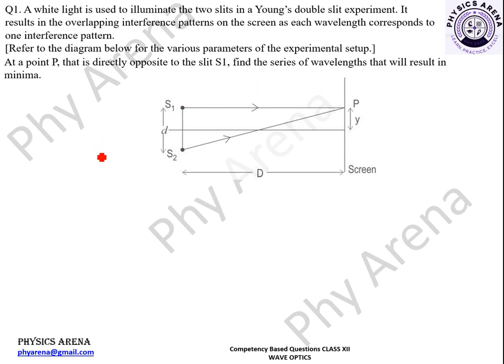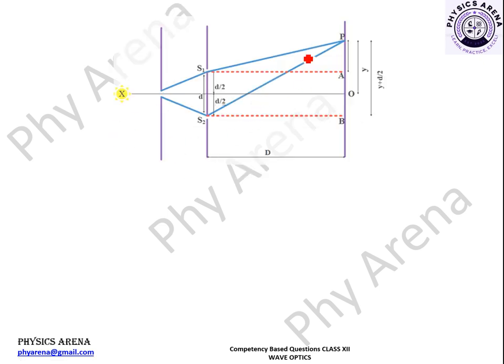And before solving it, let me just give you a brief introduction that how we can obtain the conditions for the point on the screen, whether it is a maxima or minima based on the path difference. So this is our Young's double slit experiment and it is for monochromatic source. Here X is monochromatic, means it has only one wavelength.